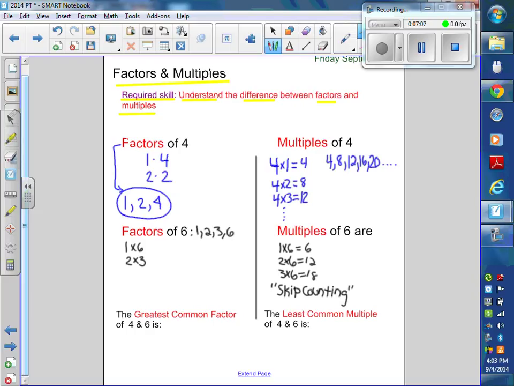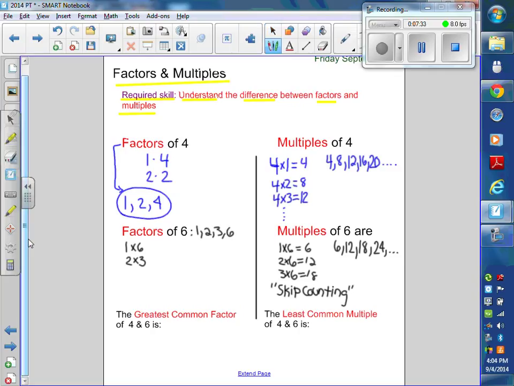So skip counting would tell us if we wanted to count by 6s, we'd say 6, 12, 18. And then the next multiple of 6 would be 6 times 4, which is 24. And the pattern continues. That's the big skill for tomorrow.